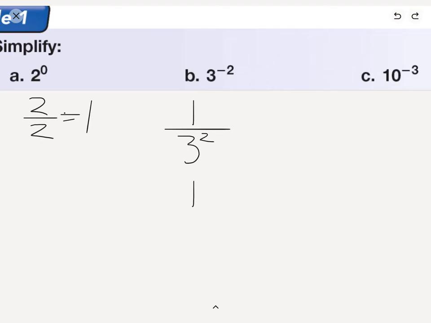I don't get how B is 1/9. Well, it's not a thing to get or not to get. It's a thing to memorize what the rule is. So the rule is that if something has a negative exponent, that means you are turning it into a fraction with a 1 on the top.